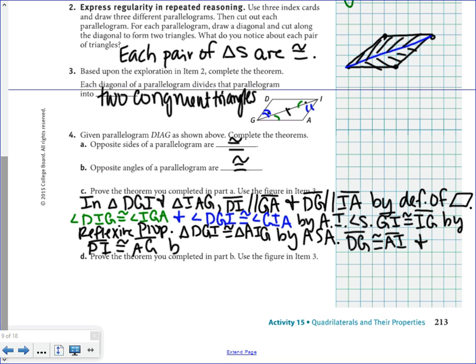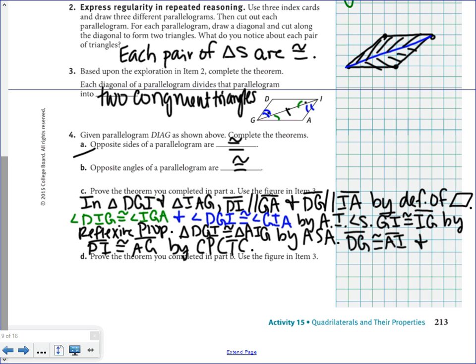And the reasoning is CPCTC. So CPCTC is corresponding parts of congruent triangles are congruent. Once you know your triangles are congruent, all of the parts have to be congruent. And so that means your corresponding sides have to be congruent. So that's proving that your opposite sides of your parallelogram are congruent.